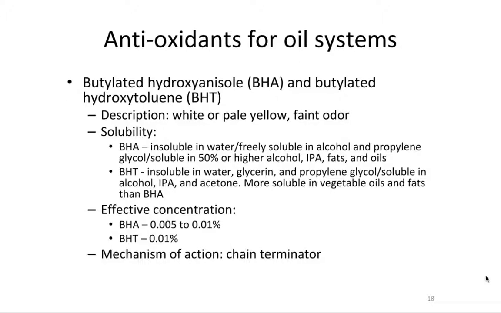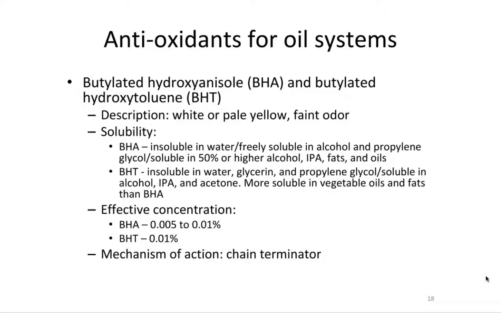Very commonly used antioxidants in oil systems. Two very common examples are listed here: BHA, butylated hydroxyanisole, and butylated hydroxytoluene. These two are abbreviated as BHA and BHT respectively. It occurs as a white or pale yellow powder with a faint odor. It is insoluble in water. However, as you can see, it is soluble in different types of organic solvents as well as fats and oils.